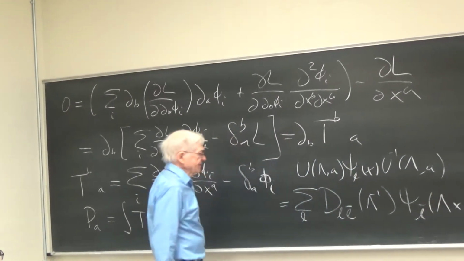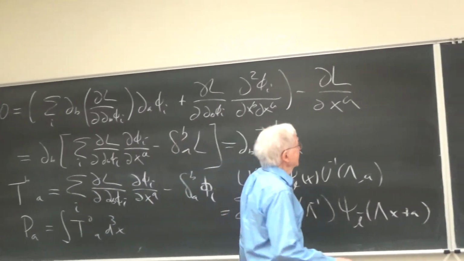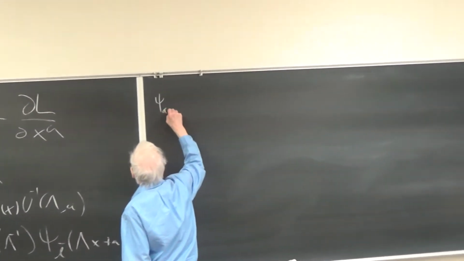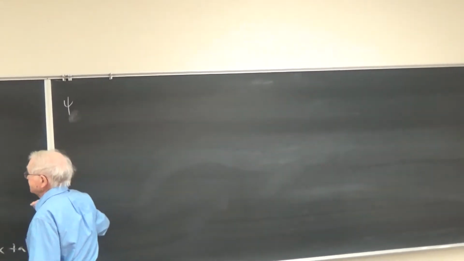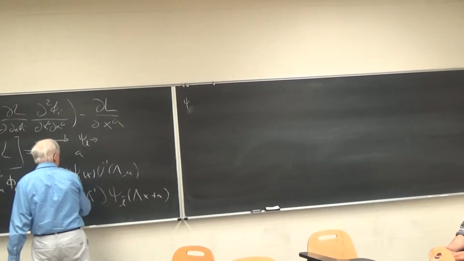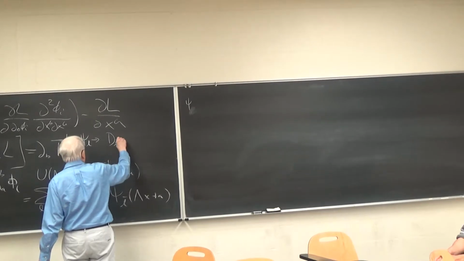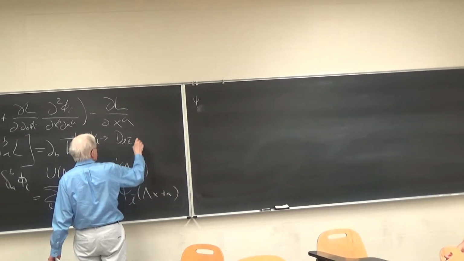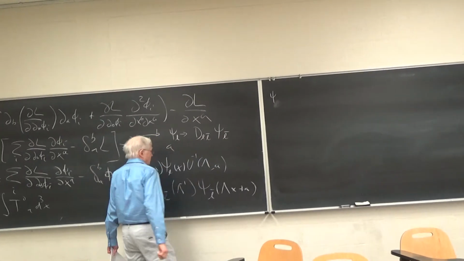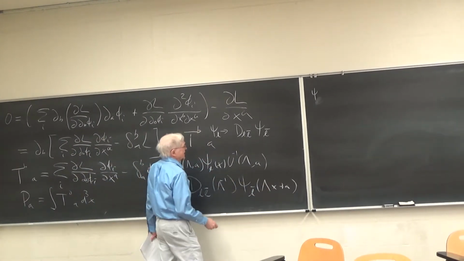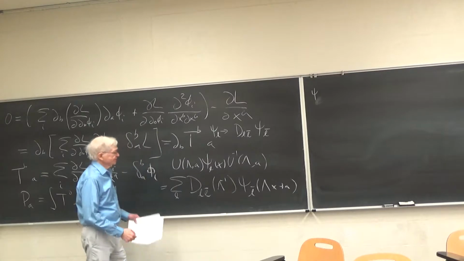So what I'm going to be talking about now is that psi_L goes to simply D_{l L-bar}, and I'll suppress the actual value there, psi_L-bar like that, ignoring the change in the arguments and suppressing the lambda inverse.